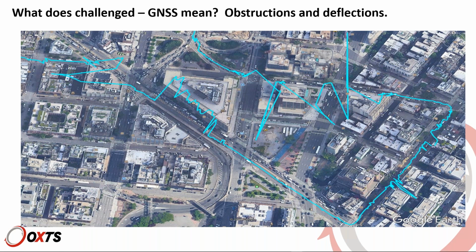Deflections means that the receiver will get GNSS data, but only after it has been deflected several times from a number of obstacles, such as buildings. So the data will be basically wrong. The trace that you see here is the GNSS only trace logged in a pretty urban environment. This is New York City.